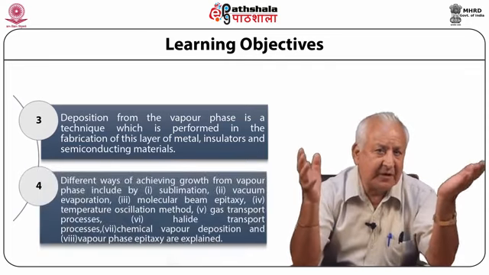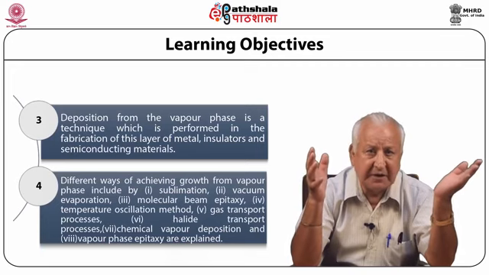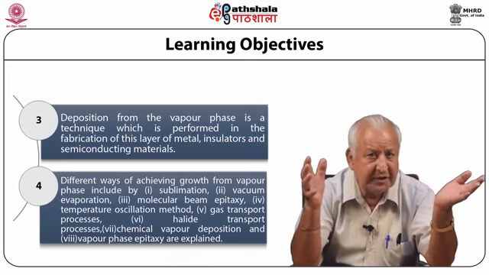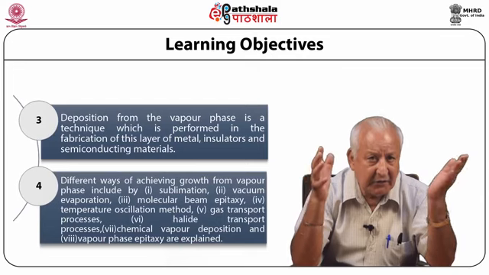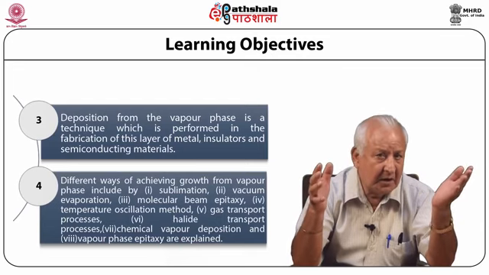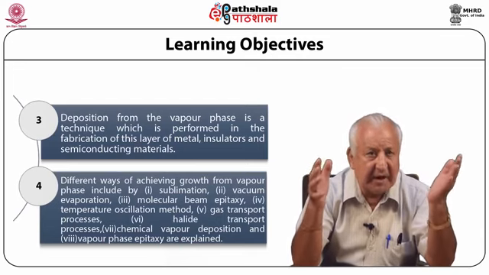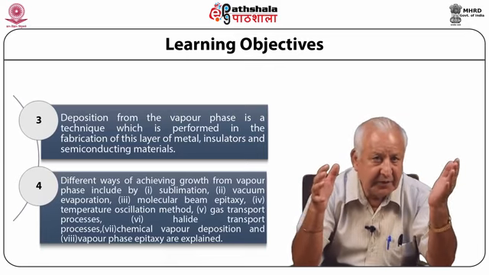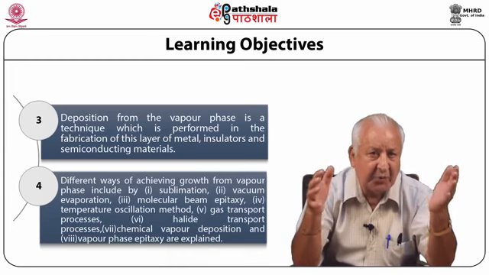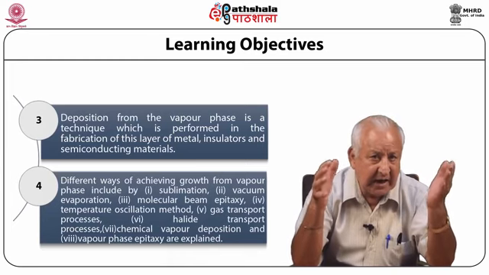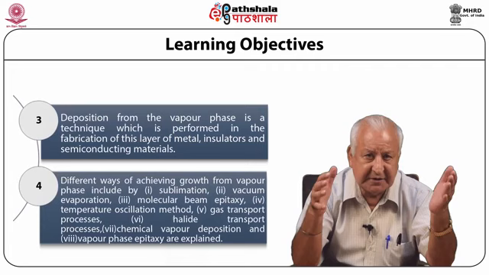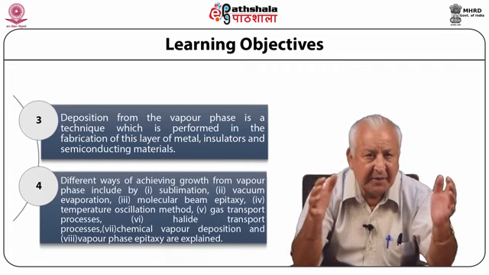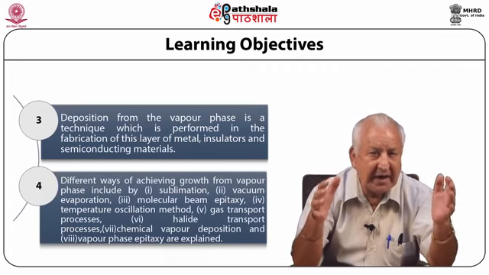Different types of achieving growth from vapor phase include 1. Sublimation, 2. Vacuum evaporation, 3. Molecular beam epitaxy, 4. Temperature oscillation method, 5. Gas transport processes, 6. Halide transport processes, 7. Chemical vapor deposition, and 8.